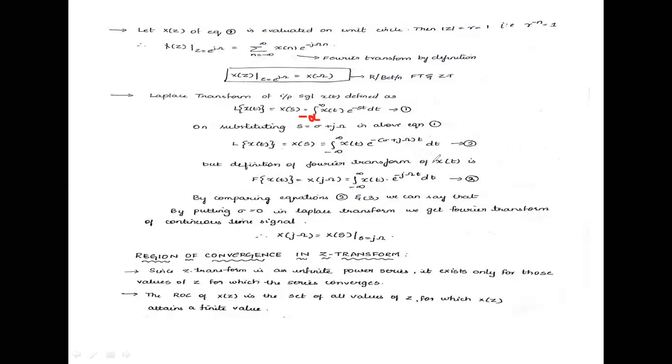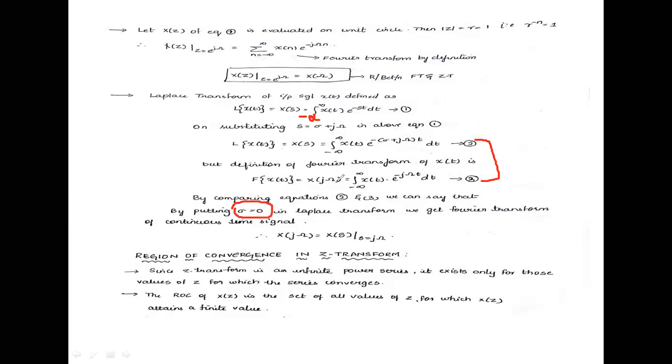But by the definition of the Fourier transform of x(t), X(jω), or X(ω), you can write X(ω) equal to the integral from minus infinity to infinity of x(t) e^(-jωt) dt. Comparing these two equations, by replacing σ equal to 0, e^0 is 1.